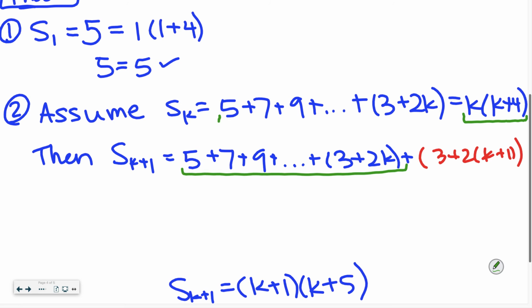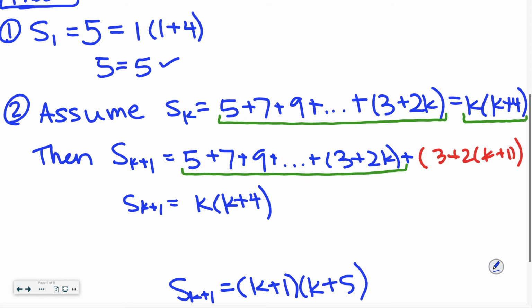I'm underlining this in green. What does that equal? Okay, we already know that that equals k times k plus 4. And our red term turns to 5 plus 2k.